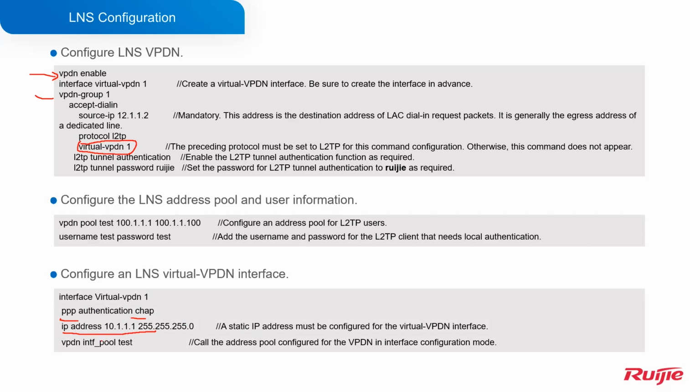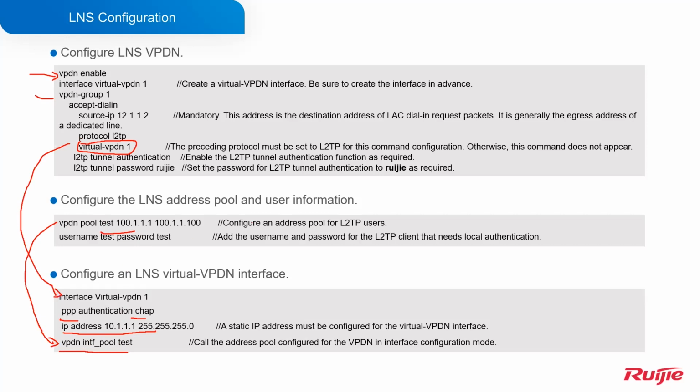And if we establish the tunnel and get the message from the user, which IP address can we assign to your client? You can directly choose a VPN address pool. The name is test. So this one from here, and this one from here.